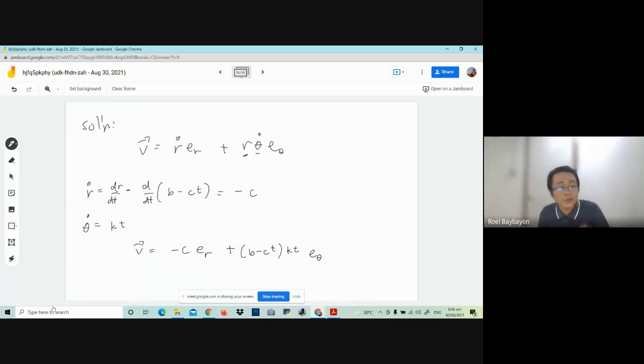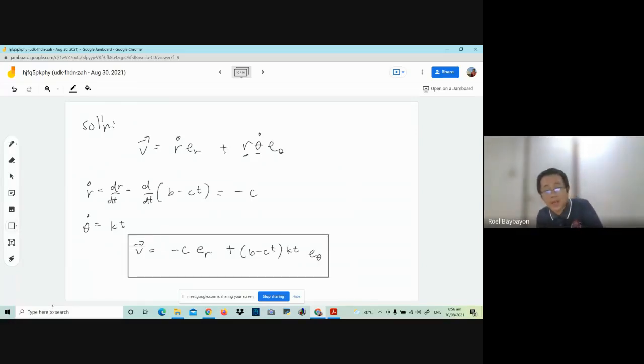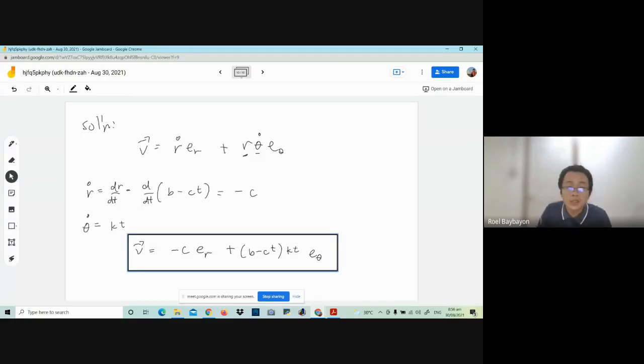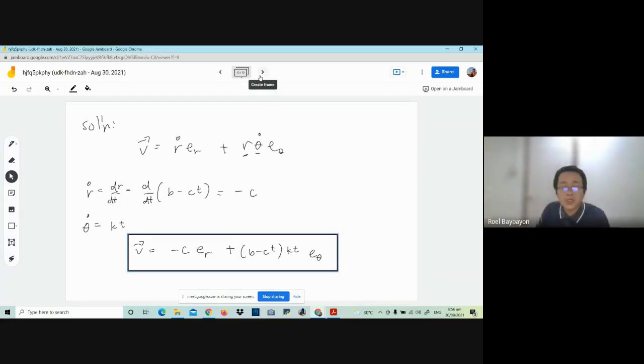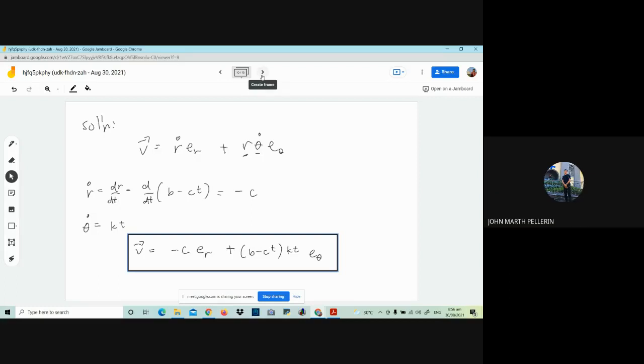So this is now my velocity, but what we are looking for is the speed. How do we get the speed? Speed is just the square root of the squares of the components of its velocity.